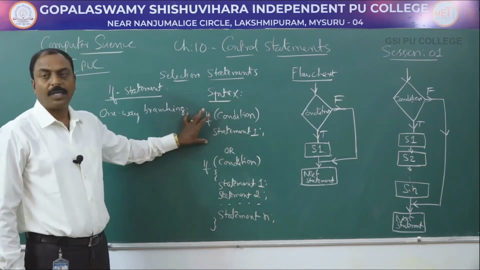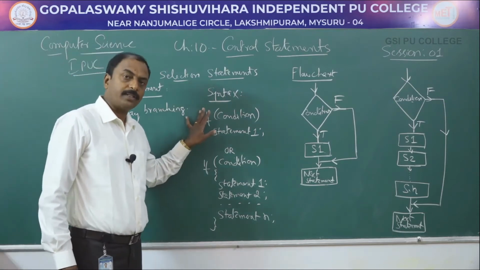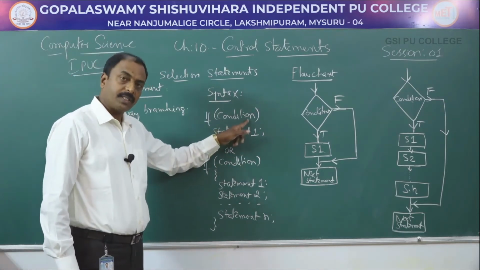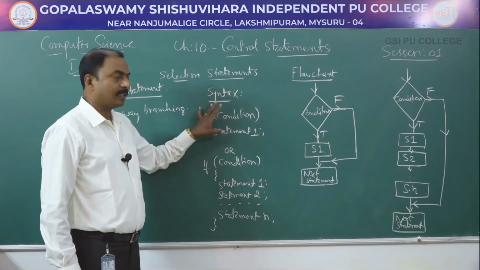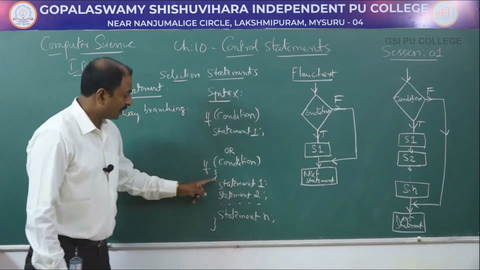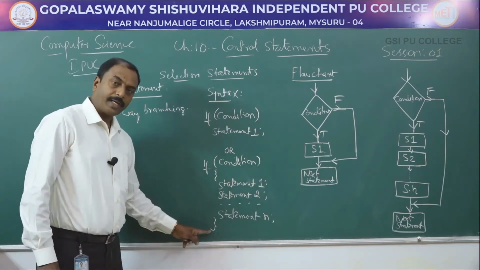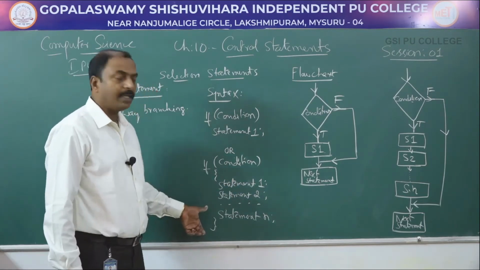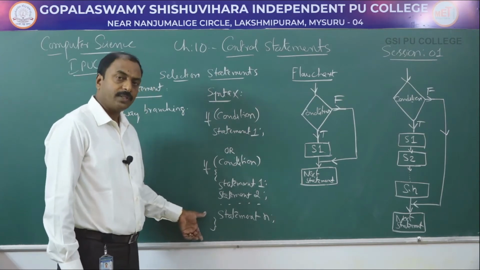This is the syntax if there is only one statement to be executed based on this condition. Similarly, we have one more syntax: if condition, open the bracket, and we are closing the bracket here. In between we have n number of statements or more than one statement.